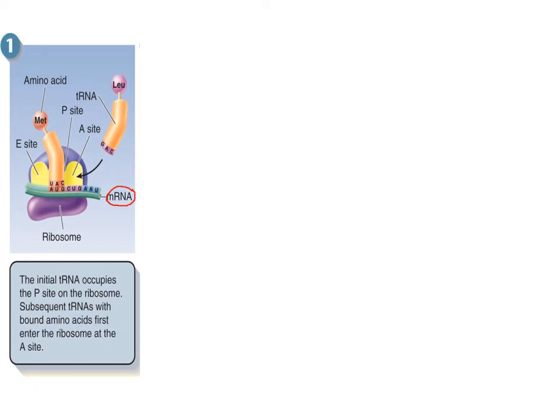Then what happens is the ribosome is going to shift down and read the next codon, which in this case will be CUG. It brings in a tRNA with the complementary anticodon, which would be GAC. On the other end of the tRNA, we have our next amino acid attached right here.